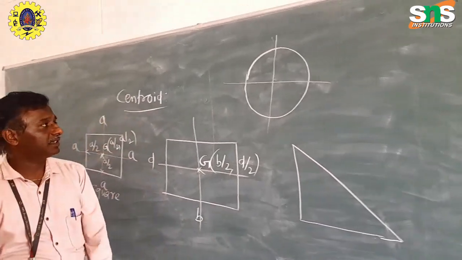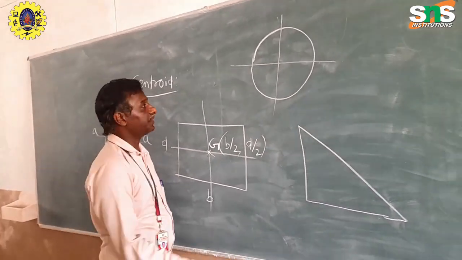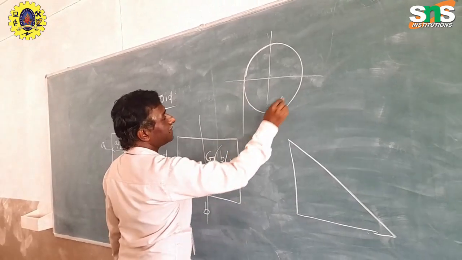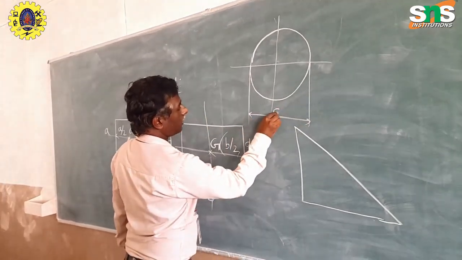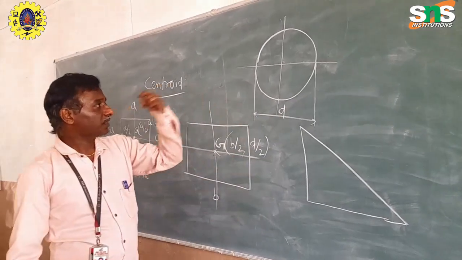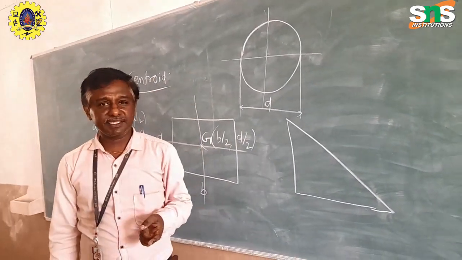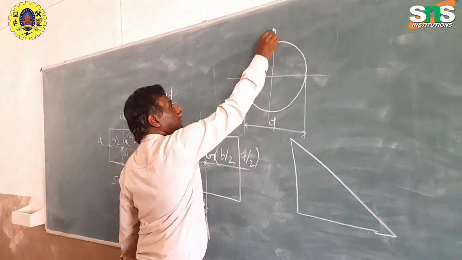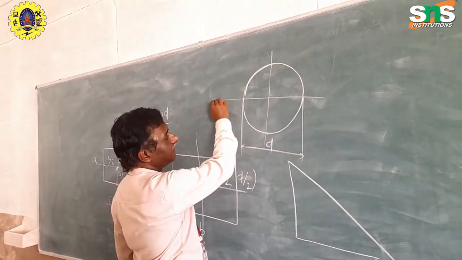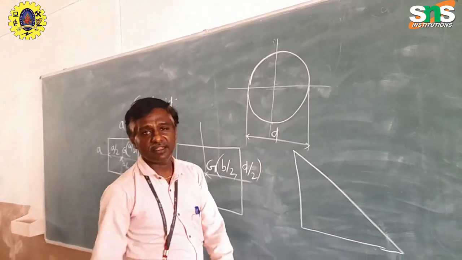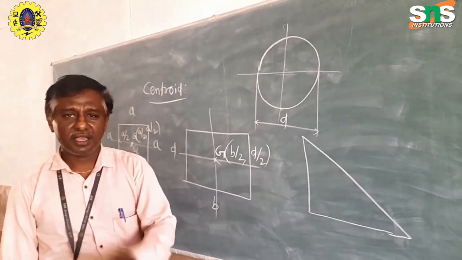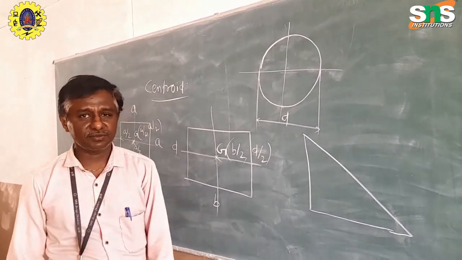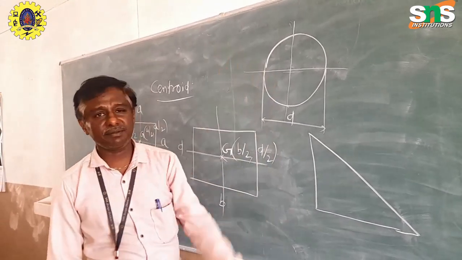And let's have this one, a circle having diameter d. This is one axis symmetry, as well as horizontally it is also symmetric, two axis symmetry. Is it a two axis symmetry or is there any other thing? Let's consider this a multi axis symmetry.